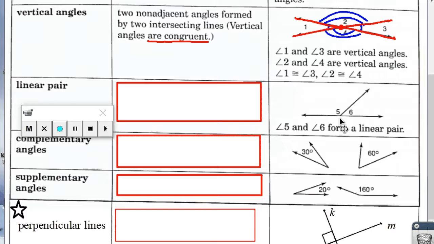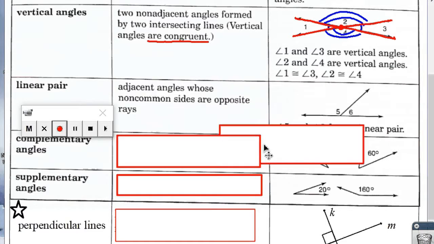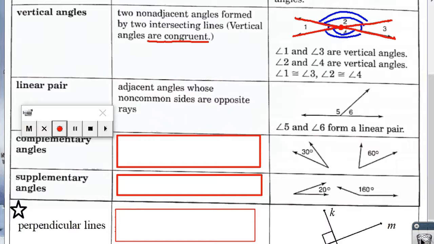If we try to describe what happens with the linear pair, think about this word linear. Linear means having to do with a line. So if I put this pair of angles together, it forms a line. That's basically what a linear pair is. It's adjacent angles. They're right next to each other. They share a common vertex and a common side, but no points in the interior.